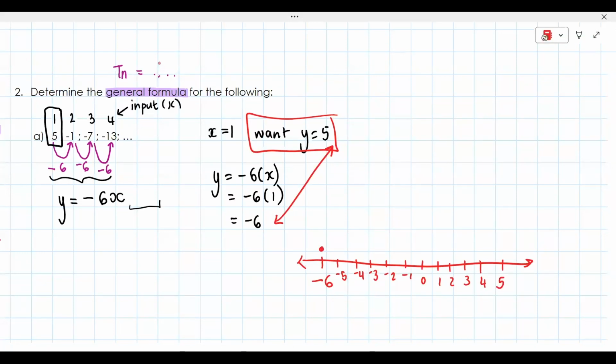I'm starting at -6. I need to get to +5. So I am adding 1, 2, 3, 4, 5, 6, 7, 8, 9, 10, 11. I need to add 11 to -6, and that will take me to the +5 that I want. So if I now go back to my rule, I know that I should add 11 to get my output.